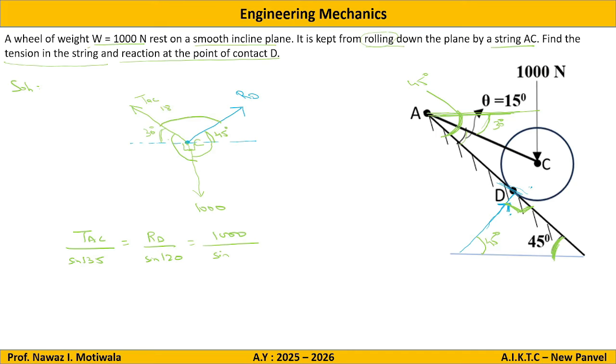So this will be 180 minus 30 minus 45, so it is around 105. If I take these two, I will get the answer for RD. If I take these two, I will get the answer for TAC.